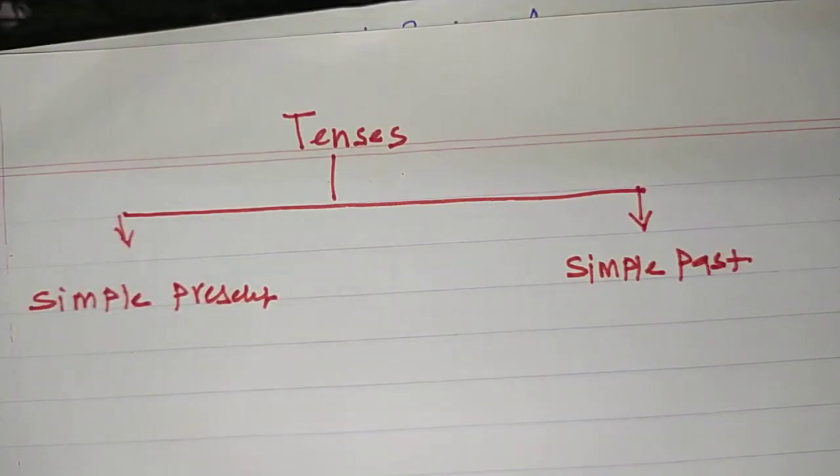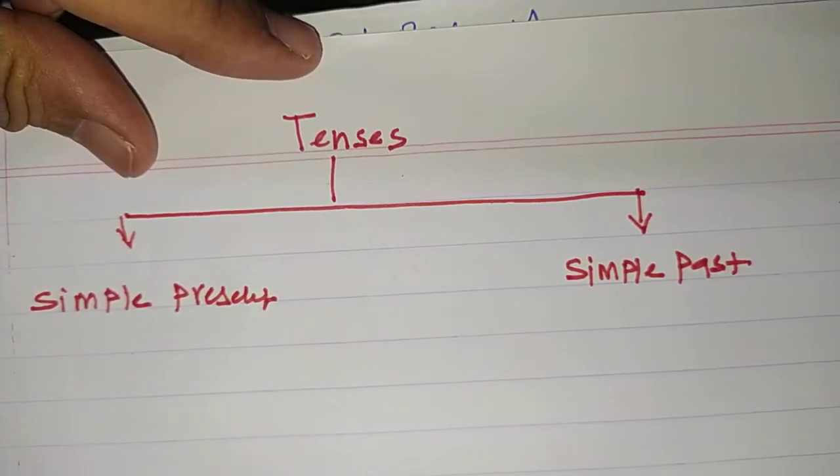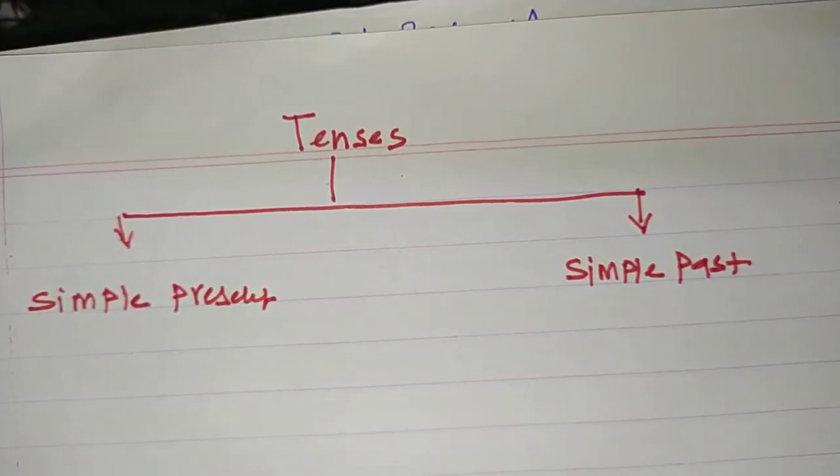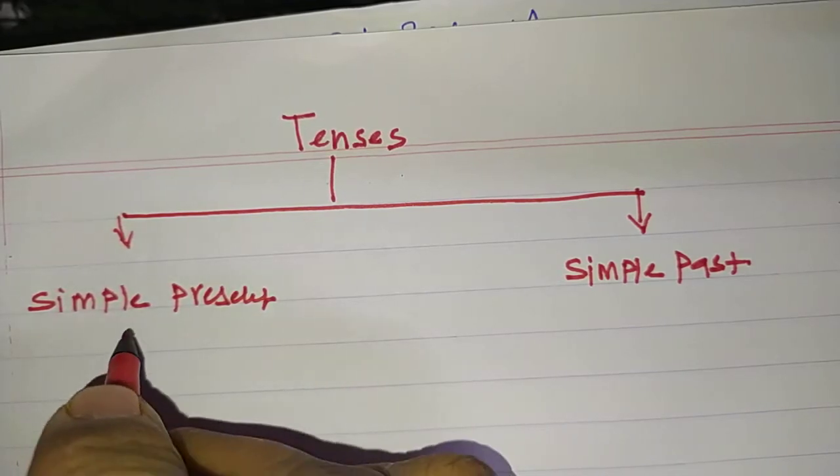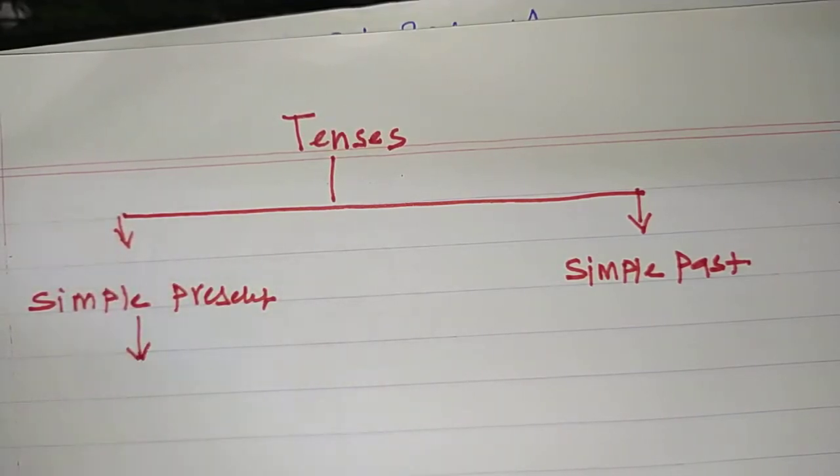Before we write a sentence in simple present, a few things I want to clear. In simple present, we always write the first form of the verb. That is V1.